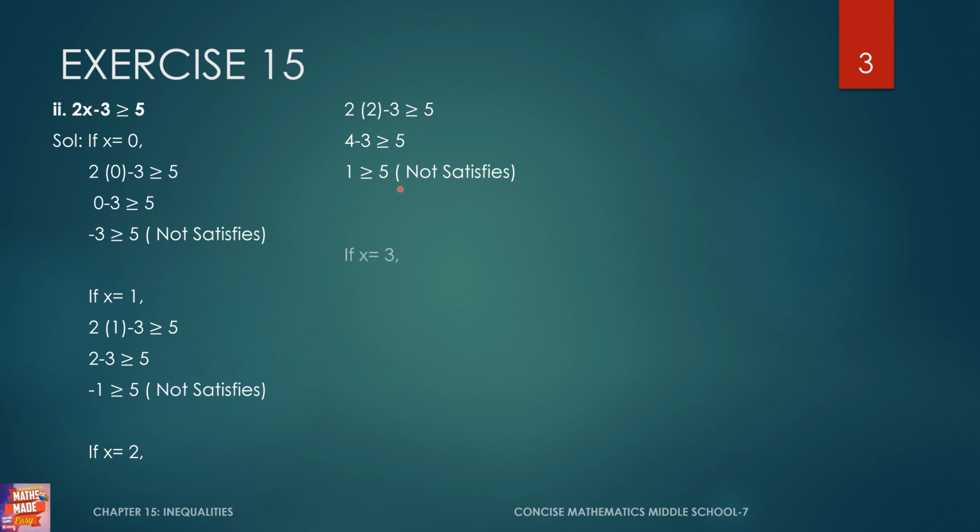Right? 5 is greater. If x is equal to 3, just substitute the value. 3 2's is 6 minus 3. One is positive, other is negative. It will be 3 is greater than or equal to 5? No, 3 is not greater than or equal to 5.